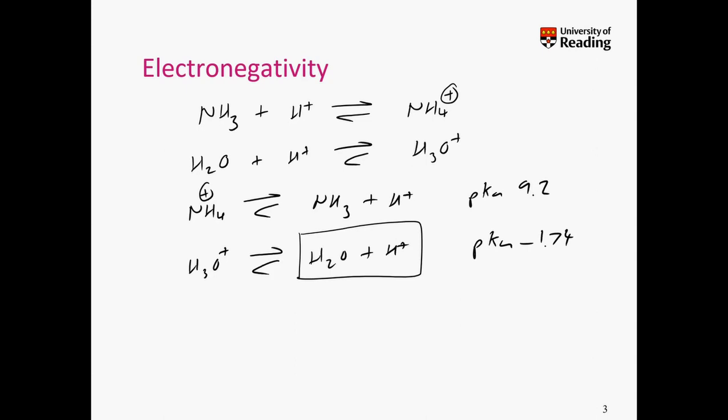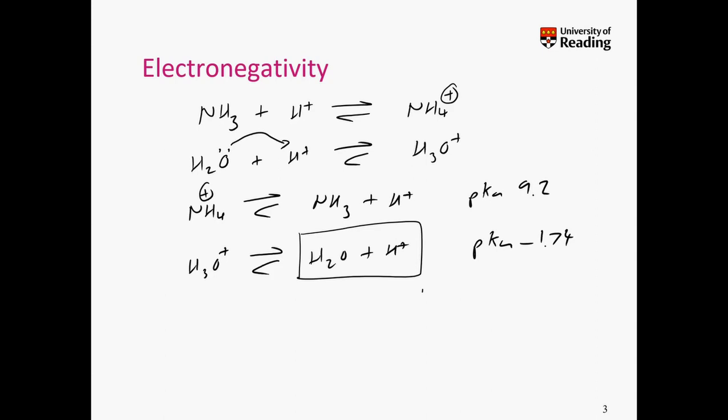Now why is it a better base? Well, nitrogen is less electronegative than oxygen, which means that in the oxygen example, the electrons are held much more tightly by the oxygen atom, so they're much less readily available to pick up the proton. So if you imagine there's a lone pair of electrons on this oxygen, and what we're doing is using that lone pair of electrons to form a new bond with the hydrogen.